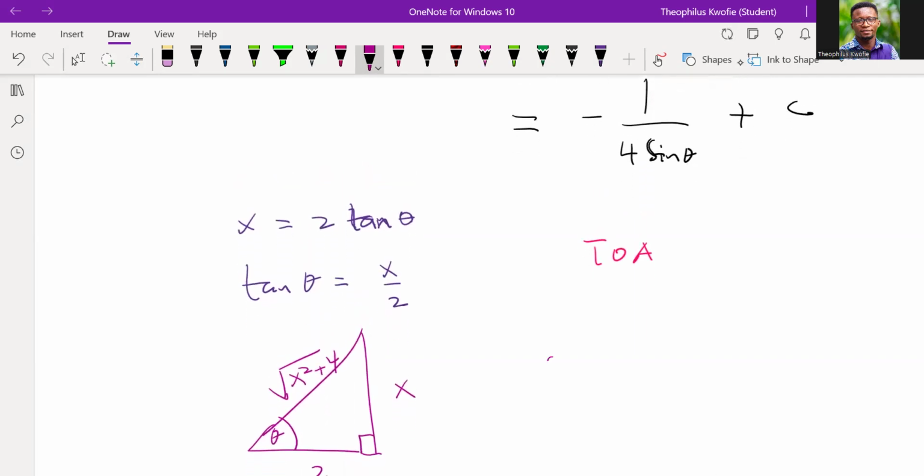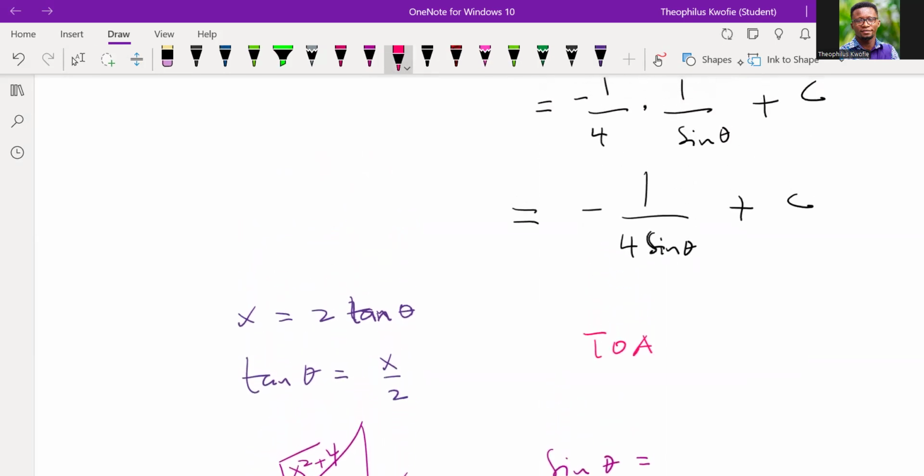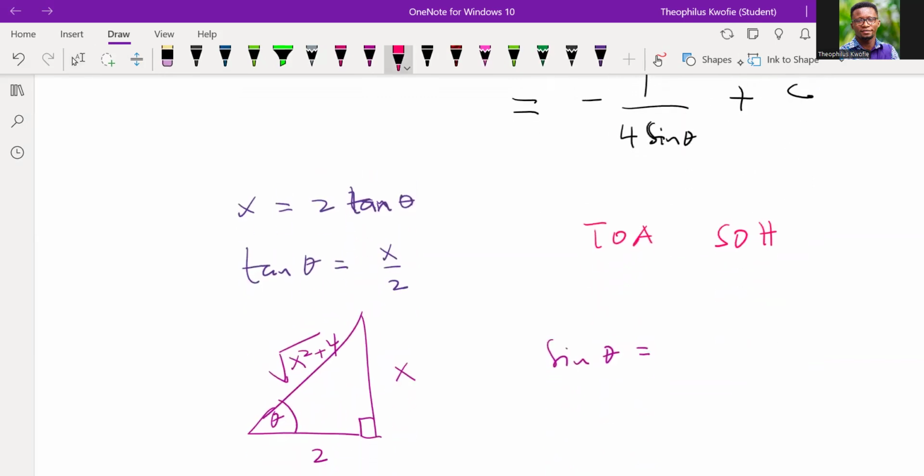Now, how do we get our sine? Now we need sine theta. What is sine theta? Remember the slogan we use when we want to remember the trig identities: for sine theta we use the word SOH, which is opposite over the hypotenuse.